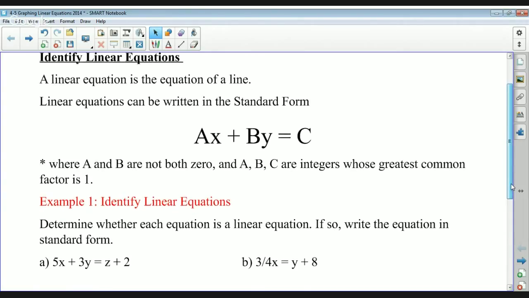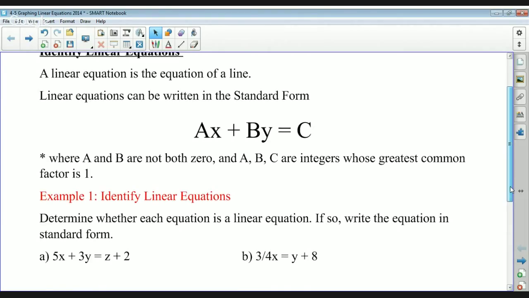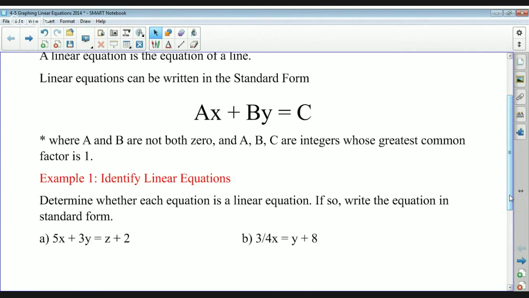So first, let's begin with example 1 here. It's identify linear equations. So here's two equations that we can see. We want to know if this is indeed a linear equation.